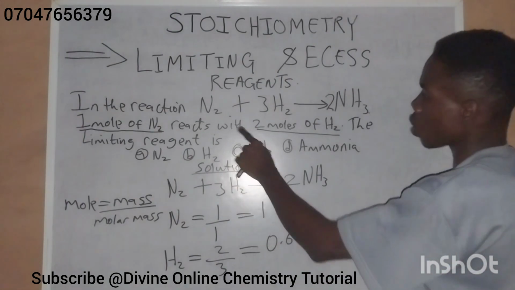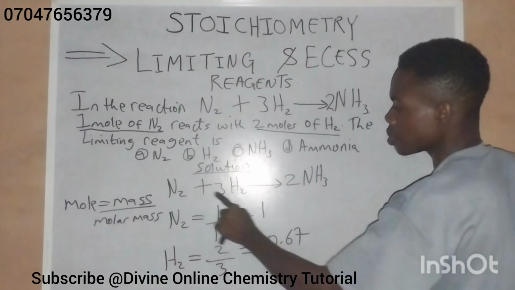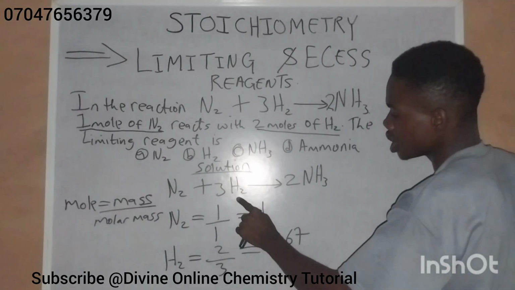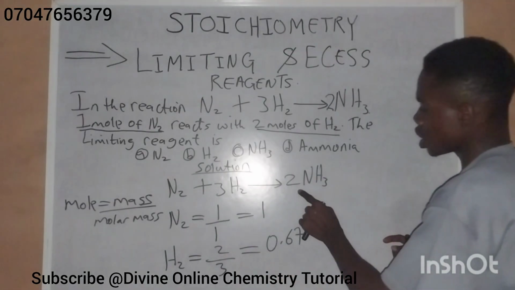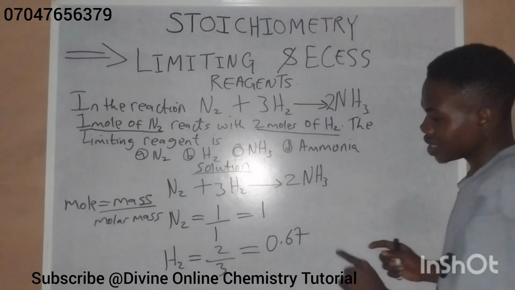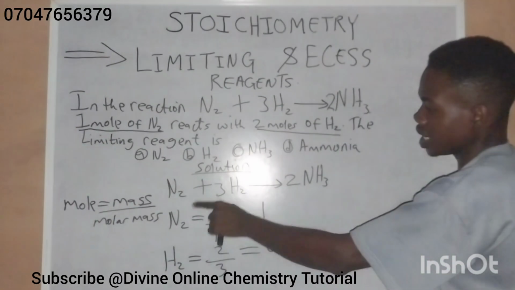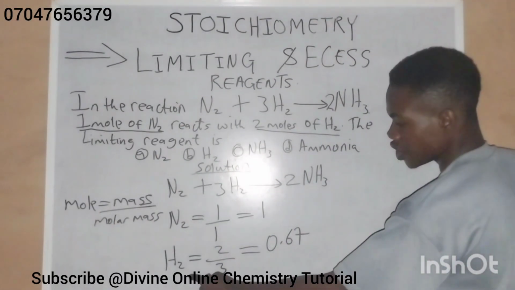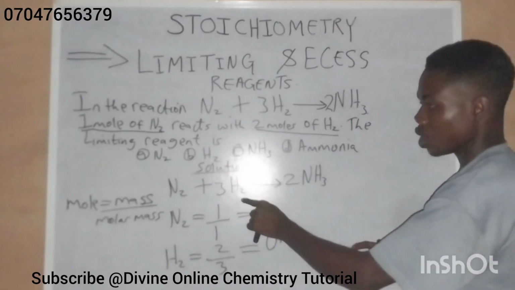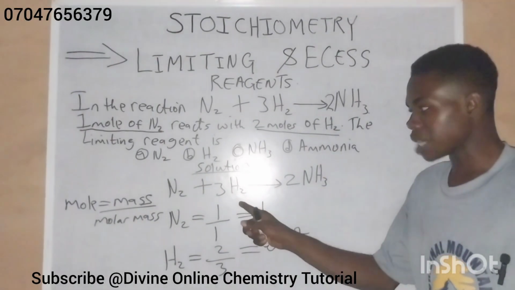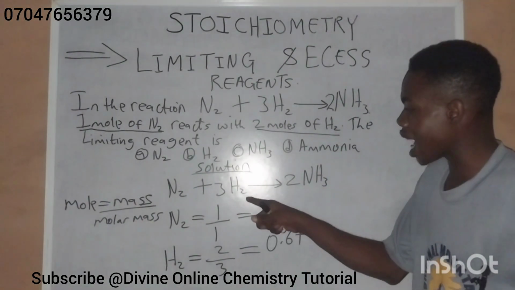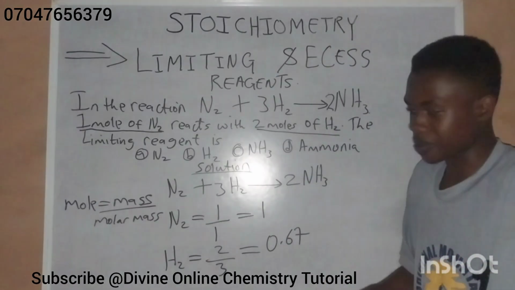Because in this reaction, nitrogen gas plus hydrogen gas gives 2 moles of ammonia, the limiting reagent in this reaction is the hydrogen gas. Are you seeing now? It is the hydrogen gas that will get exhausted first.